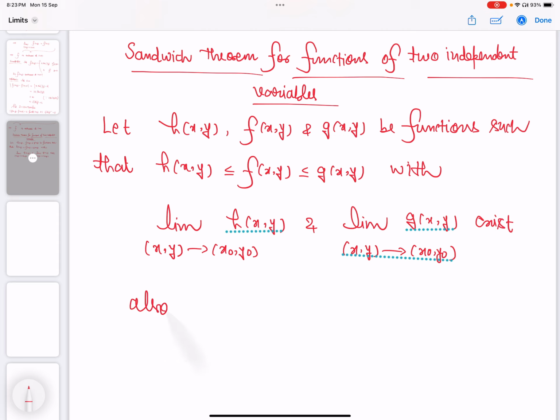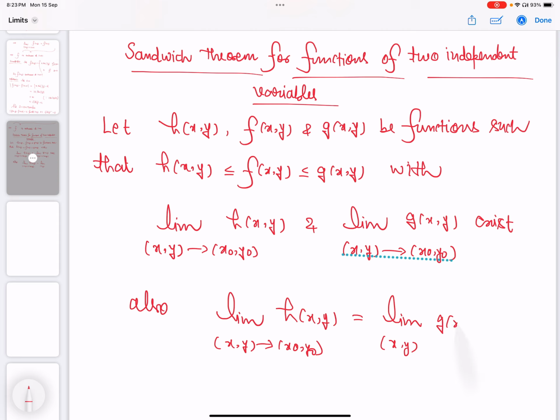Also, both limits are equal. Let's say L.